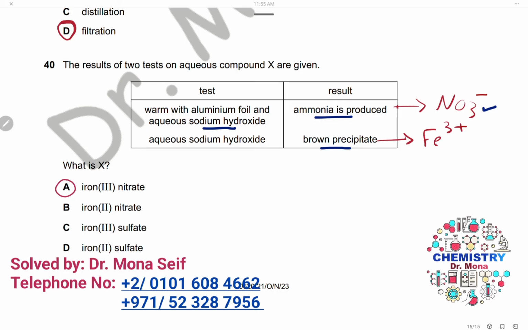A brown precipitate indicates the presence of iron 3 ions. The brown precipitate is iron 3 hydroxide, so it's a positive result, meaning iron 3 ions are present. So what is X? X contains iron 3 ions and nitrate ions, so X is iron 3 nitrate. The answer is A. And here we come to the end of our exam.